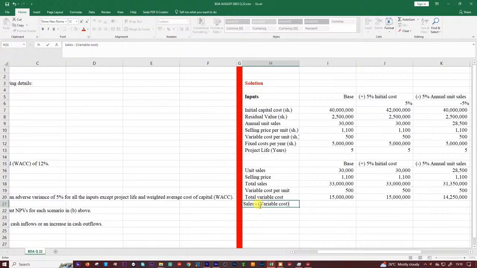We can see that it is just going to be the total sales and then we add the total variable cost. That's what we are going to do. So it's going to be the sales, which is there. Then we add that value.